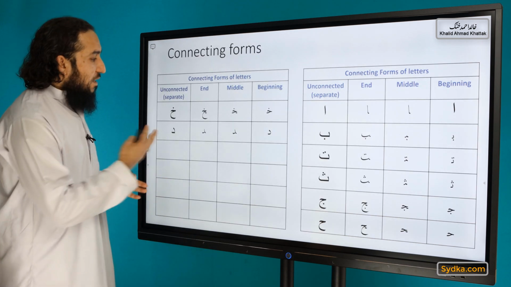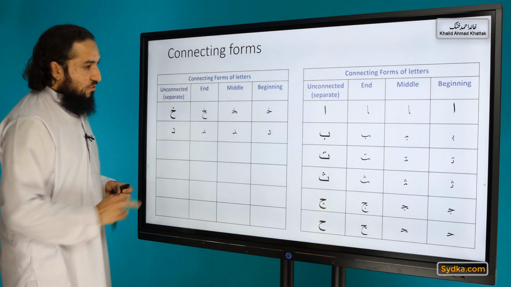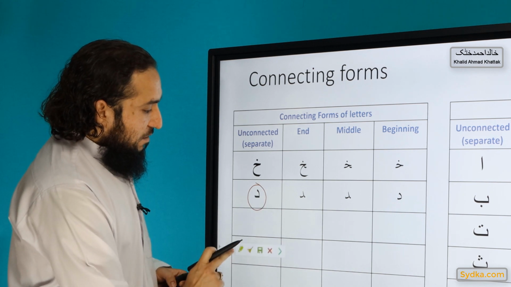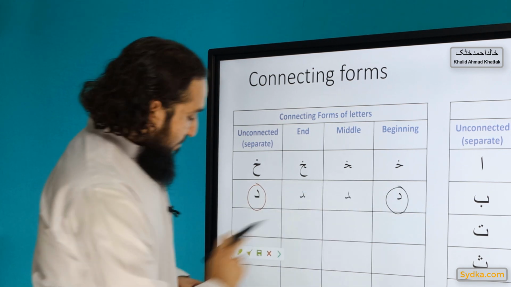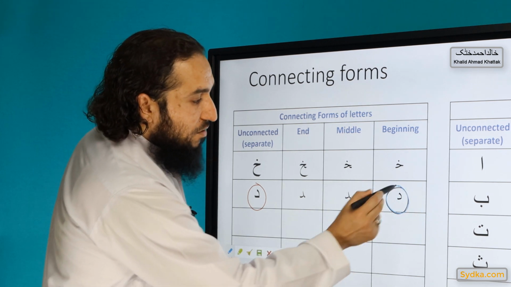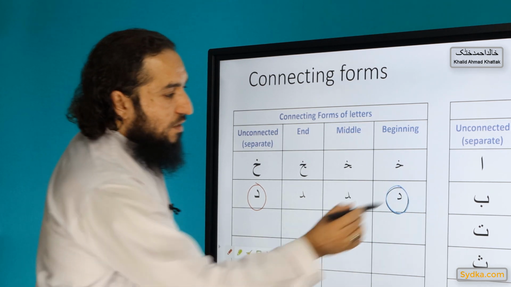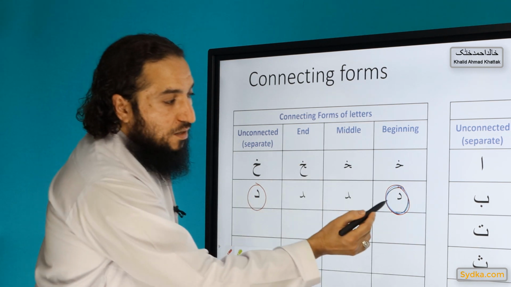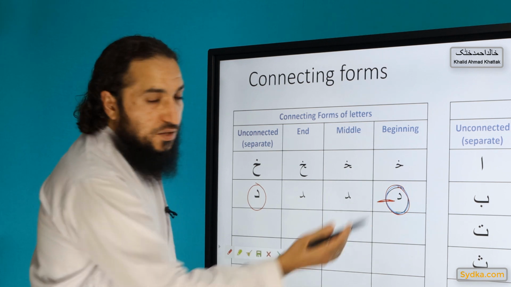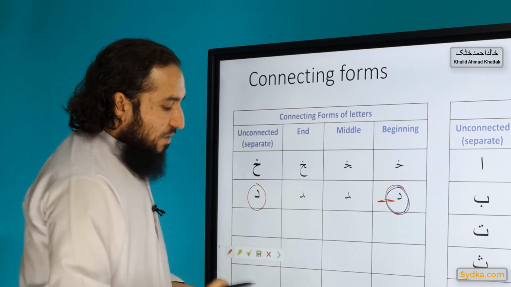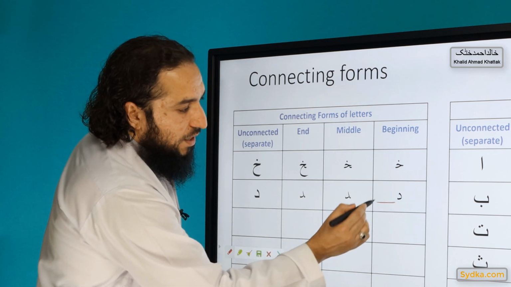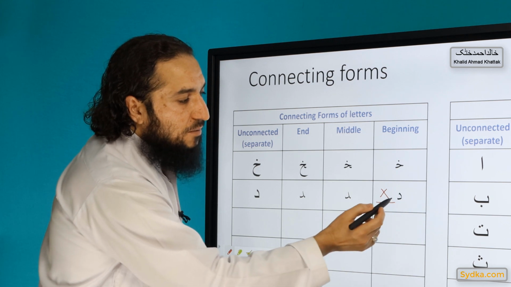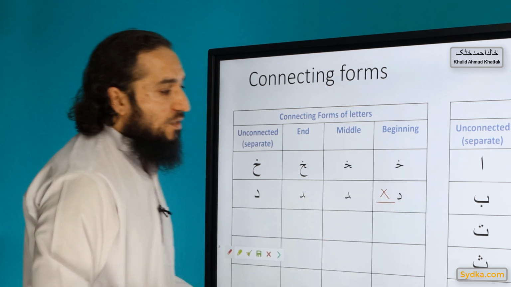Because if you see its connecting forms, that shows it. If it's written independently, it's like this. If it is written in the beginning, it's similar to when it is written individually, because we cannot connect any other letters after it when it comes in the beginning of a word.